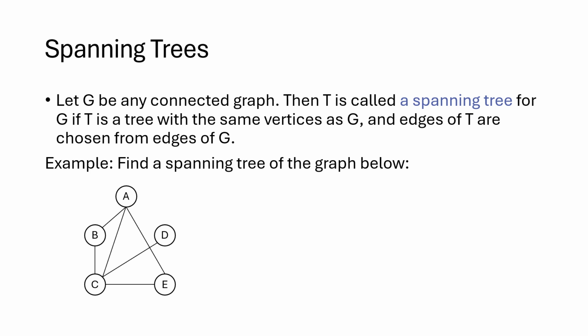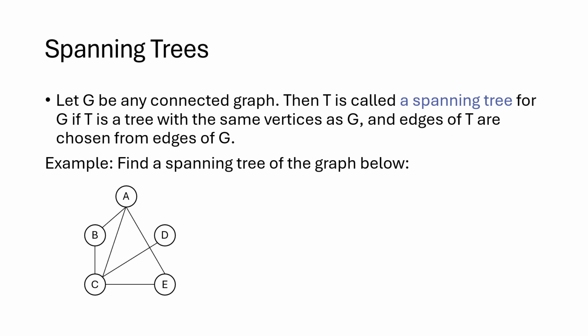Okay, so here's an example. If you look at this graph on the left, it's obvious that it's connected, but if you think about it, we can reduce the number of edges while we keep the graph connected, right? And if we do that to its limit, what we end up with is a tree where it has exactly the same 5 nodes, 5 vertices as our graph, but it's a tree, which means it's connected, but it doesn't have any cycles.